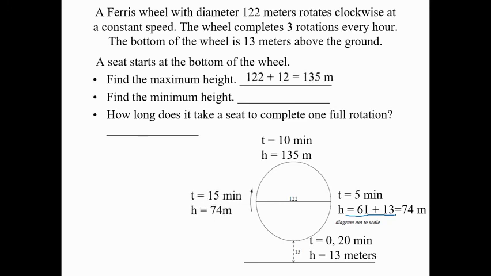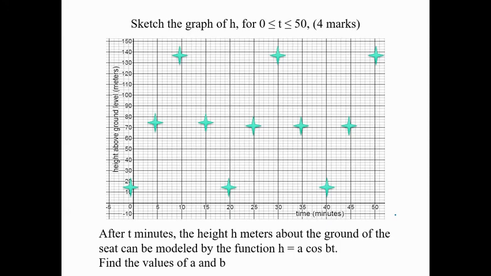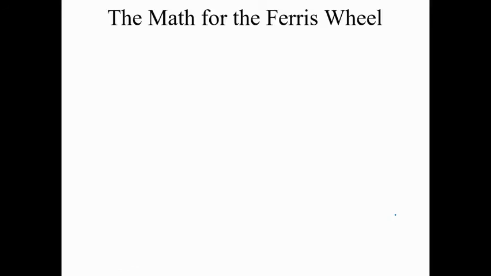So you have to take into account the minimum height of 13. And then again, if you're rotating 3 rotations every hour, 60 minutes divided by 3 gives you 20 minutes of rotation. Again, we can plot this out and you'll notice that we're not along the x-axis anymore, but we are 13 meters above the x-axis. So that has moved everything up.